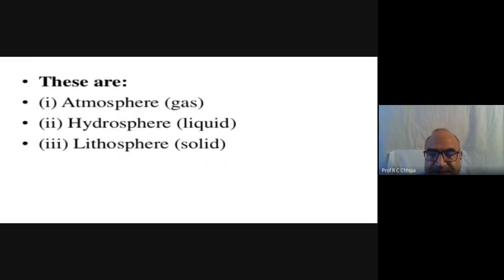Atmosphere, different gases. Oxygen is important, as we need oxygen for respiration. Oxygen itself is one of the important constituents of the physical part.